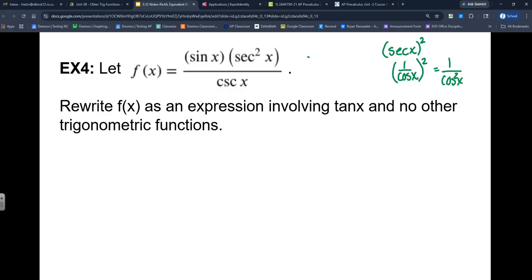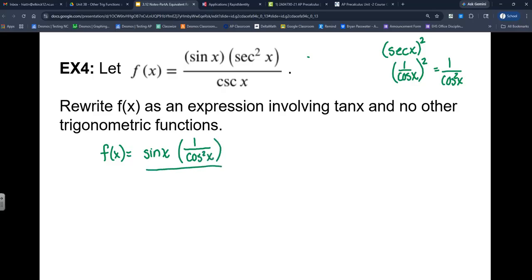So a good strategy to try on things like this, even though we're trying to get tangent, is change everything to sine and cosine. Sine is already sine, so we have f of x equals sine of x, and then secant squared x, secant is 1 over cosine, so I can write this as 1 over cosine squared x.